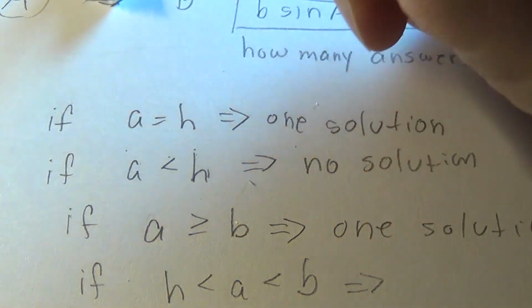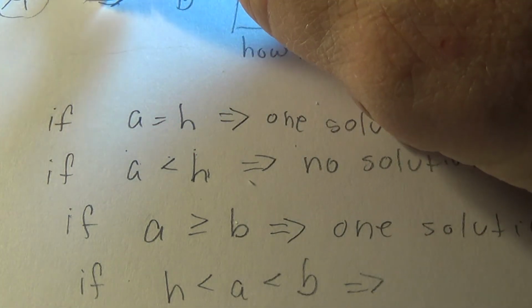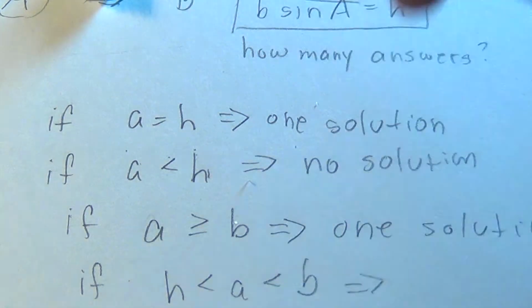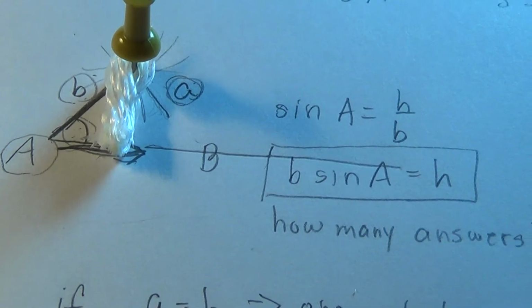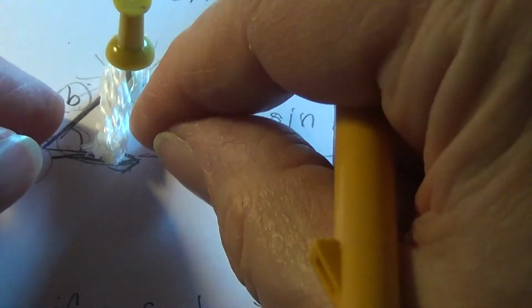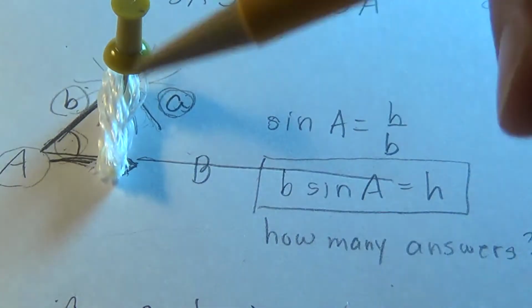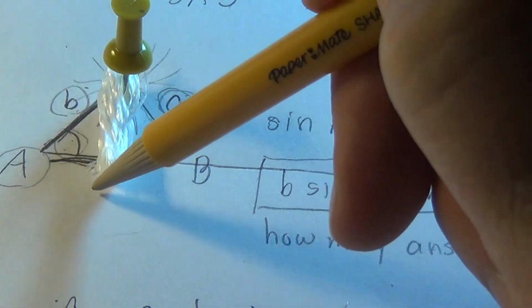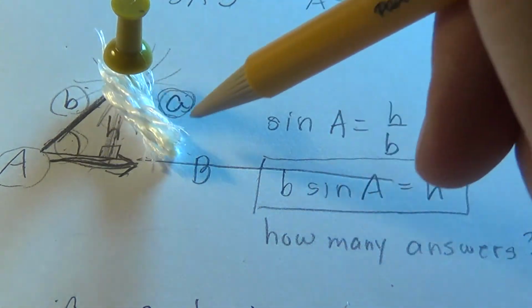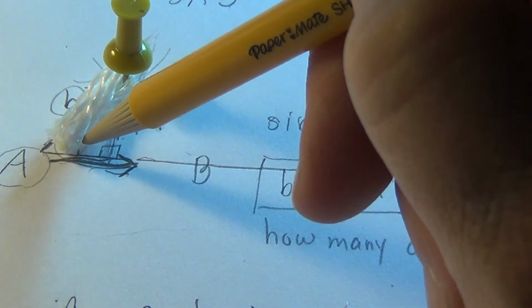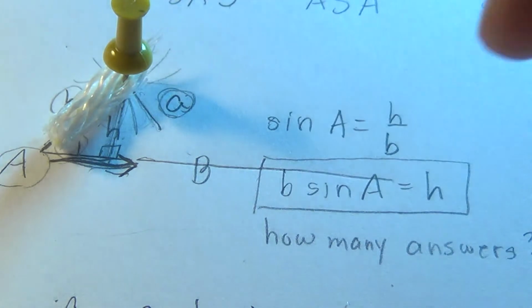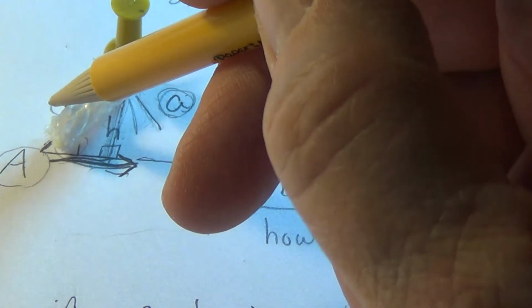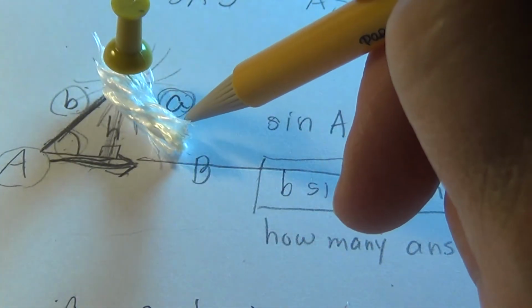So I have H is less than A. As you can see here, this length, I'll pull it down a little, this length here, A, is greater than H. And then over here, if I swing it over here, I can see that B peeks out and A is less than B. So how many solutions can there be this time?